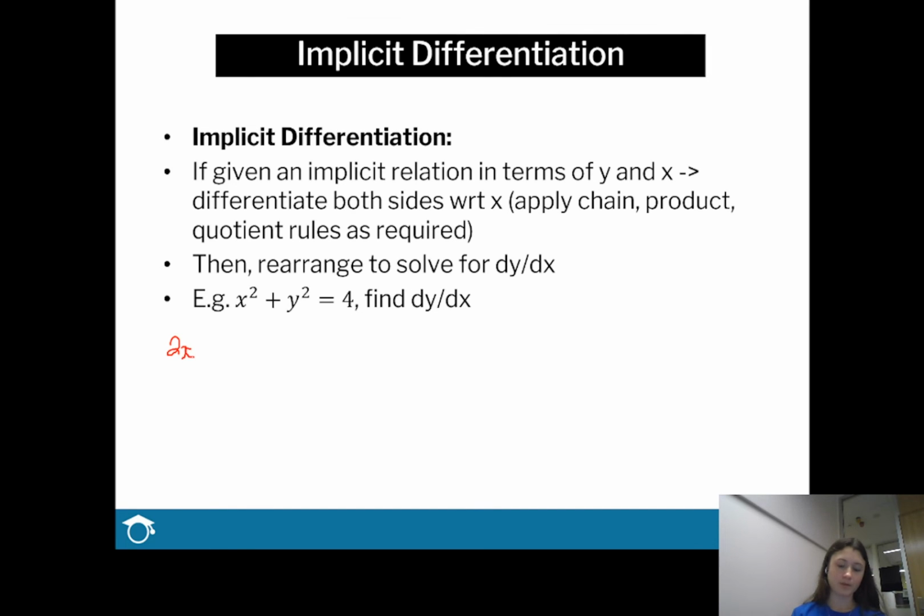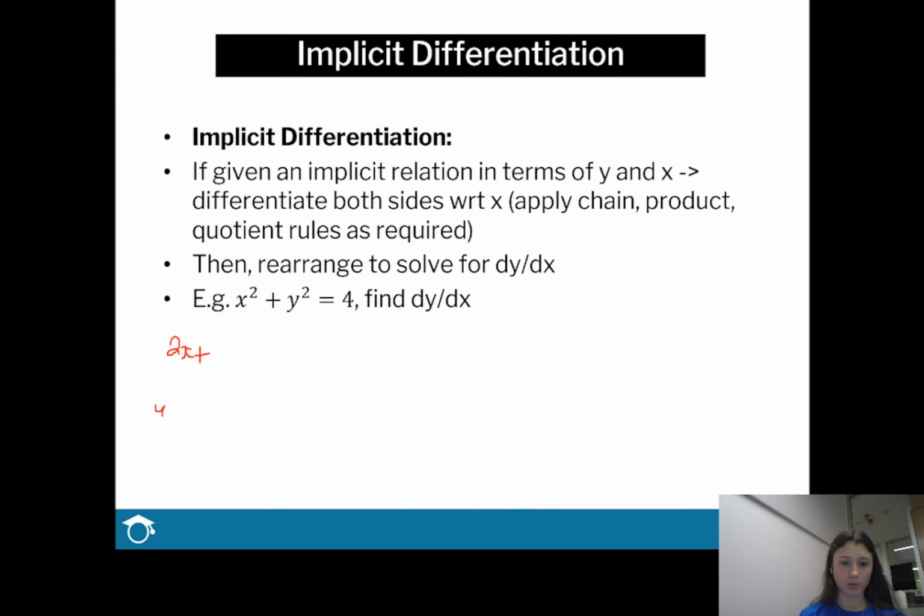However, the derivative of y squared with respect to x is a little bit trickier, obviously, because we don't have any x's in there. So what we need to think about is using the chain rule.